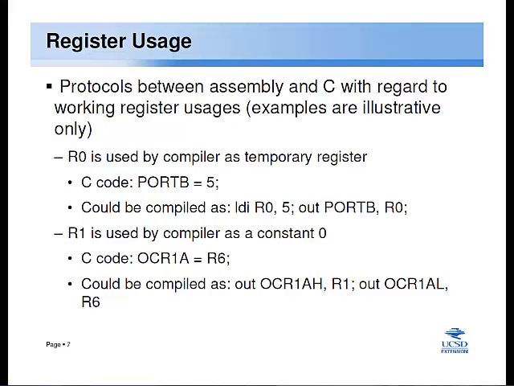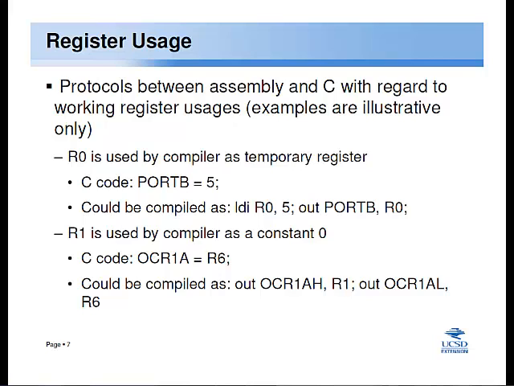So although in the C code you're only seeing PORTB on the left and 5 on the right, when it's mapped to assembly, it always needs 3 parties involved: there's the middle guy, and there's the destination. The middle guy is always chosen as R0 as the first choice. So that's going to map to LDI 5 into R0, and then we will OUT the R0 value to PORTB.